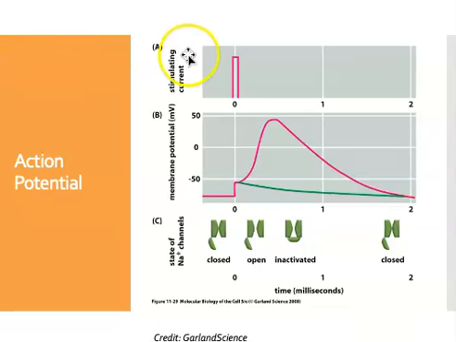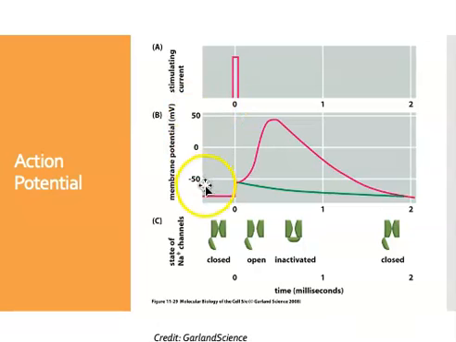So up at the top, what we're looking at is a graph that shows time on the x-axis, and this is in milliseconds. And on the y-axis, we're looking at membrane potential in millivolts. All this upper graph is there for is to show us when the stimulus is received by this neuron.